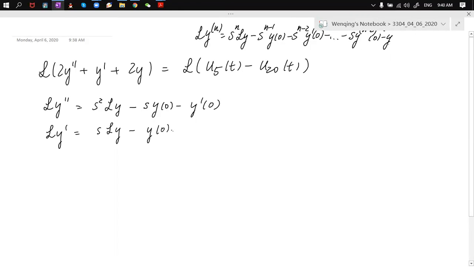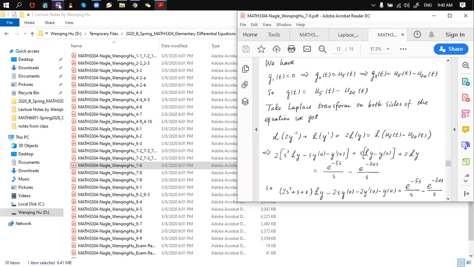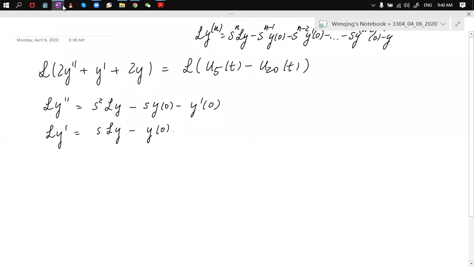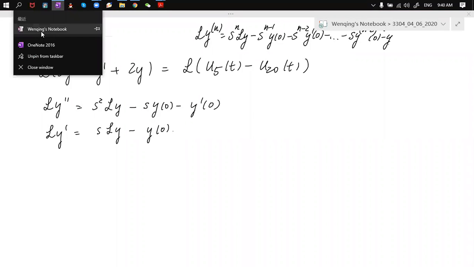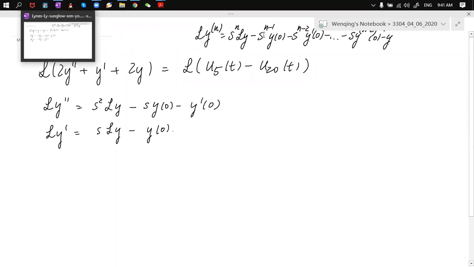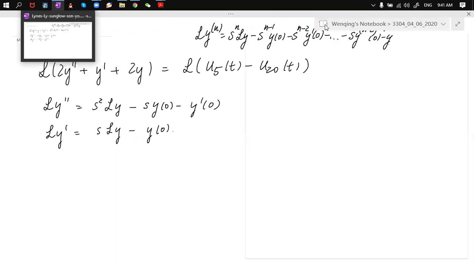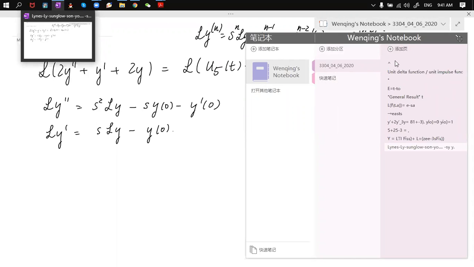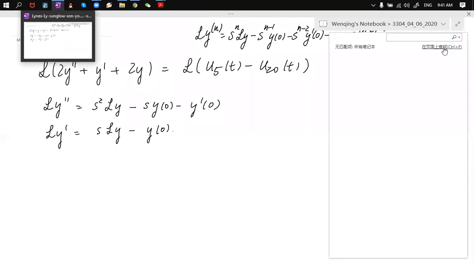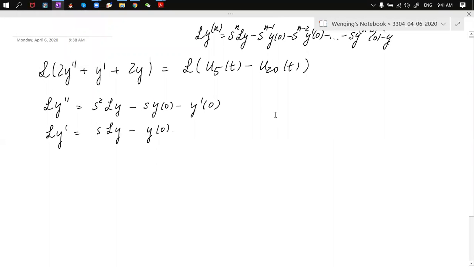So you can always see that the number of derivatives and the powers of s should sum up into a finite number.